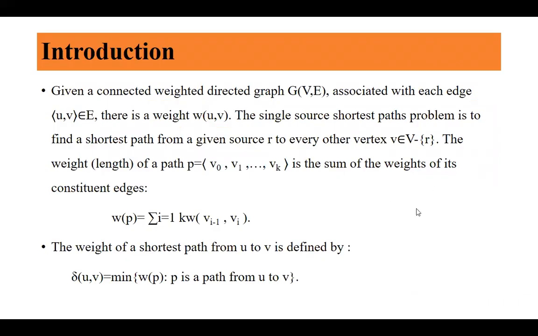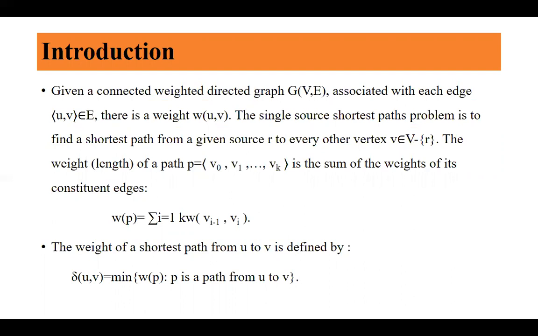So let us look at the definition of it. Given a connected weighted directed graph G, associated with each edge UV which belongs to the set of edges, there is a weight W on the edge UV. The single source shortest path problem is to find a shortest path from a given source R to every other vertex V belonging to the set V minus the vertex R, the source vertex.